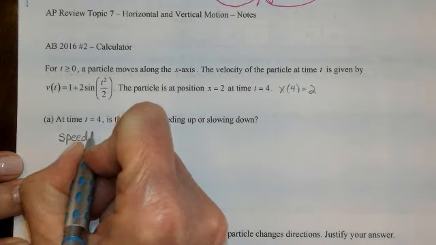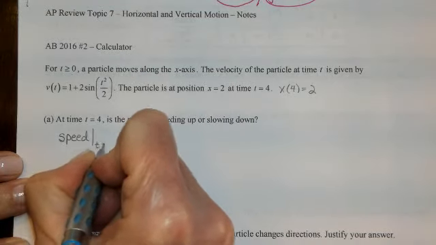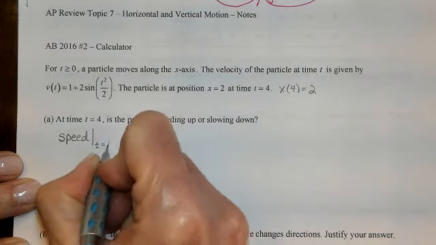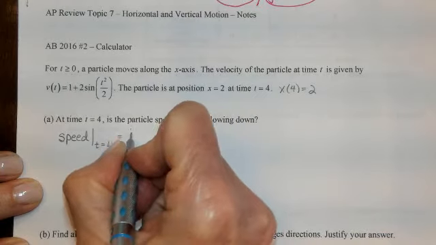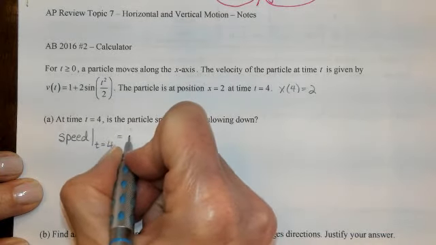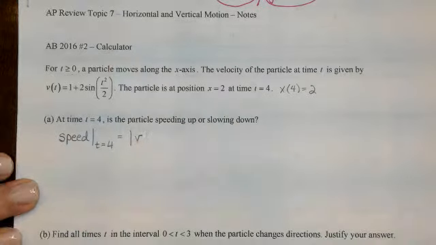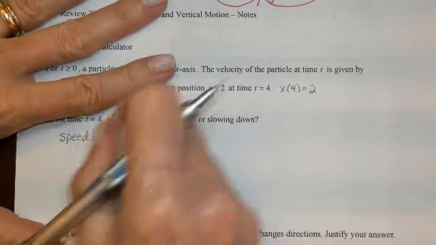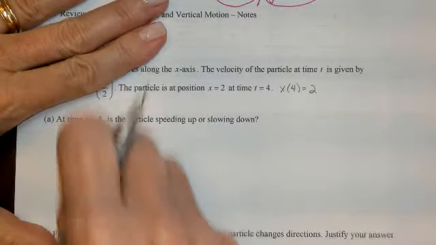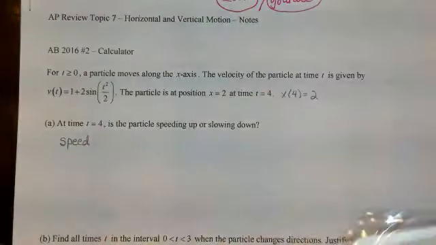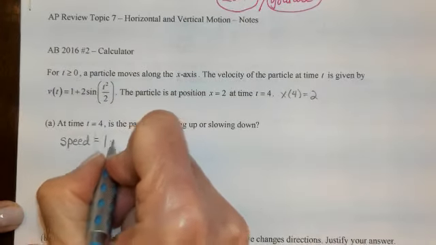The speed at time 4 is equal to the absolute value of the velocity. Let me just write speed. Speed is equal to the absolute value of velocity.